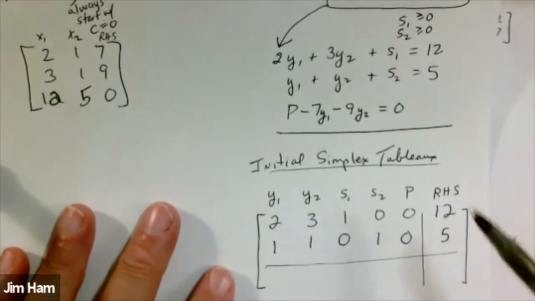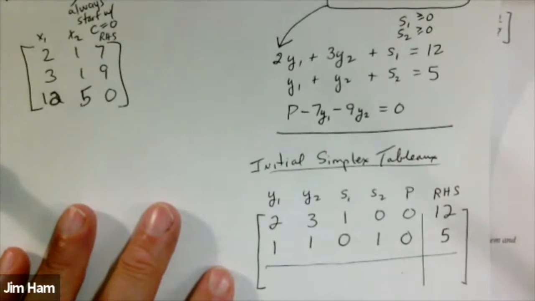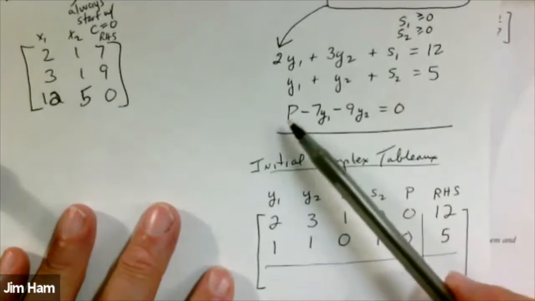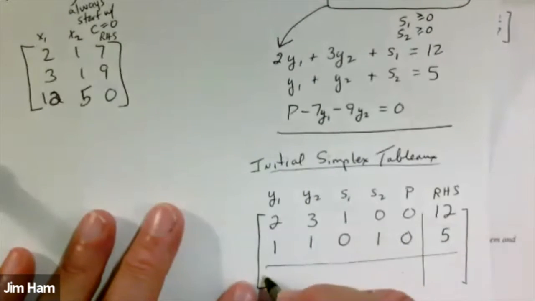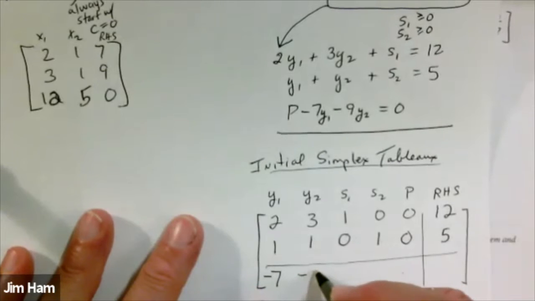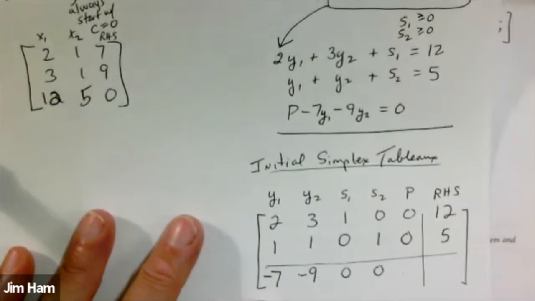In the bottom row, it's important that you put the objective function in the bottom row, because we're taking p and we're subtracting something from it. So this is negative 7, negative 9. There's no slack because p started out as an equation, so we didn't need to add another slack equation there.